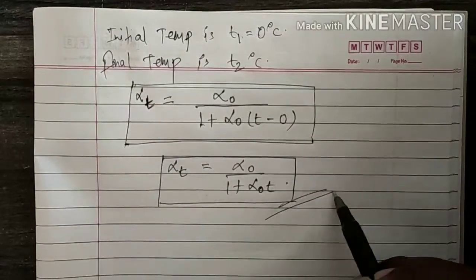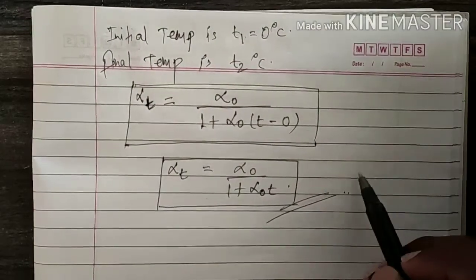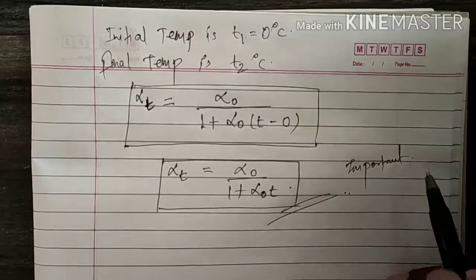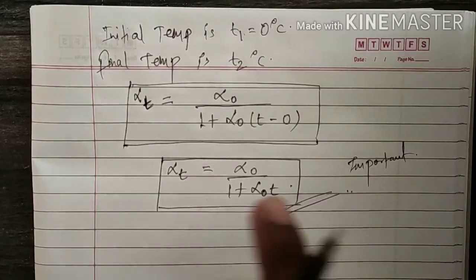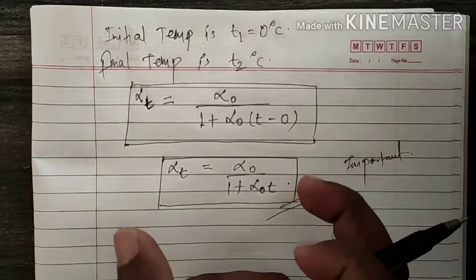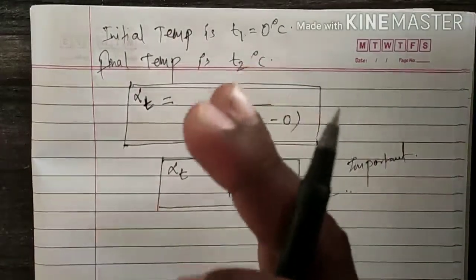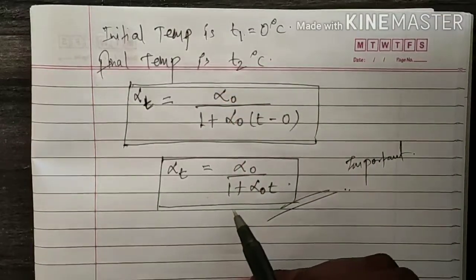So this is the final expression you can remember. It is also an important formula. You should know this derivation, or you can practice the derivation so that you can understand it easily. It is only a mathematical expression. You should remember this formula.